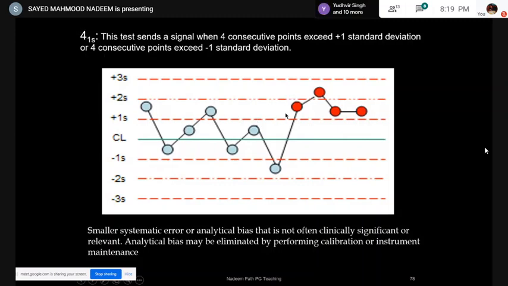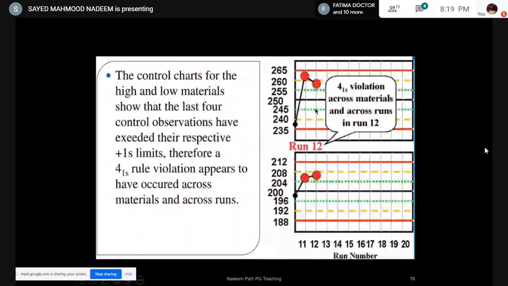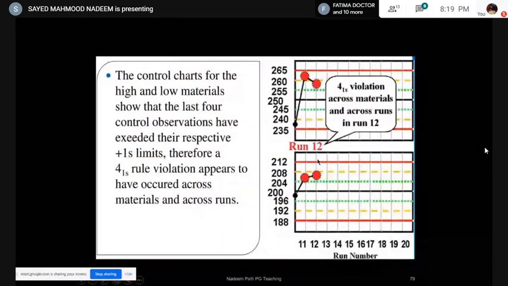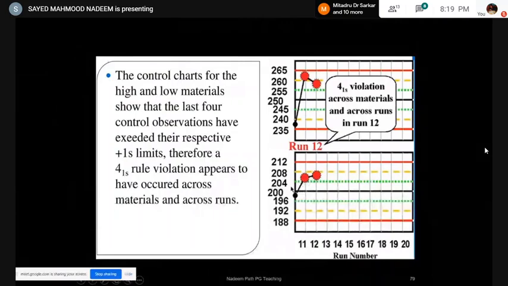Now you can have a second part of the 4-1S rule, which is across material. You can see here in the lower control on 2 consecutive days, there is plus 1 SD deviation, and on the higher control on similar 2 days, we have had plus 1 SD deviation on 2 consecutive days.